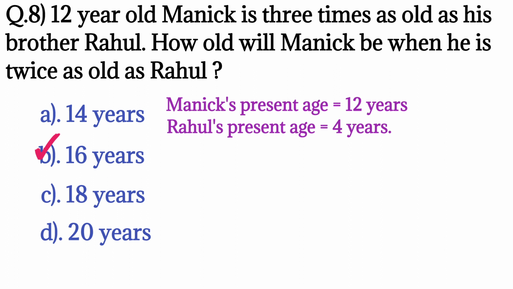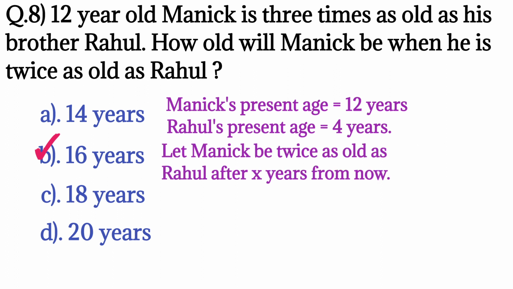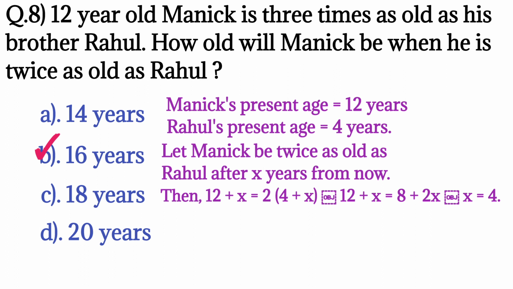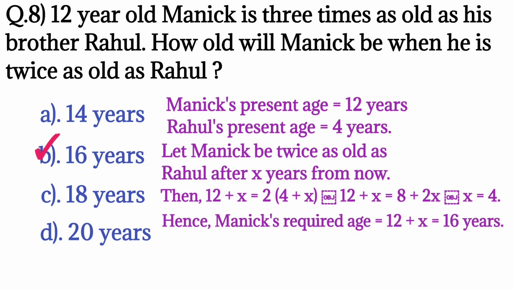Rahul's present age is equal to 4 years. Let Manik be twice as old as Rahul after X years from now. Then 12 plus X is equal to 2 into (4 plus X). 12 plus X is equal to 8 plus 2X. तो X हमारे पास 4 आएगा. Hence Manik's required age is equal to 12 plus X, which is 16 years.